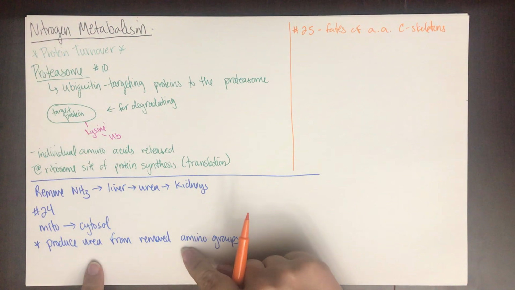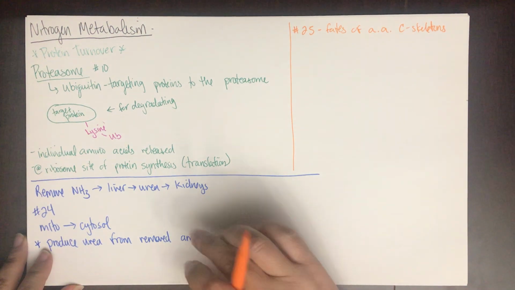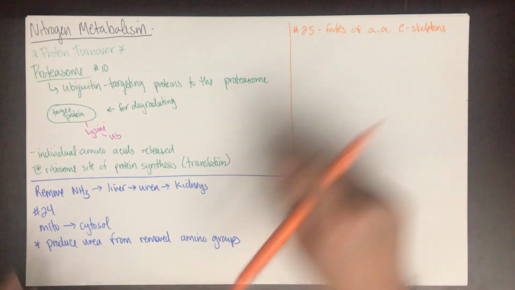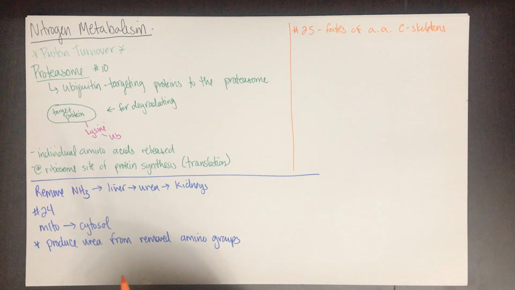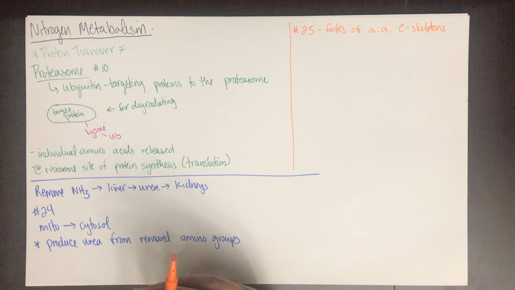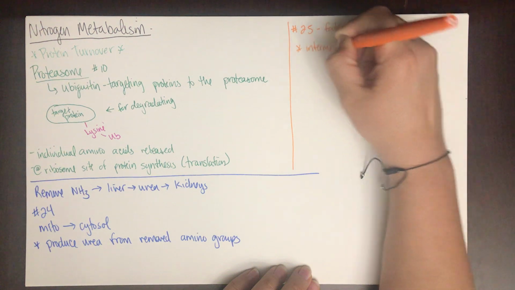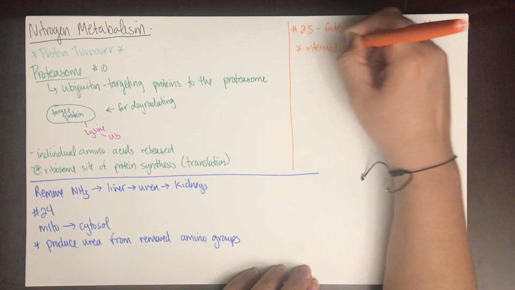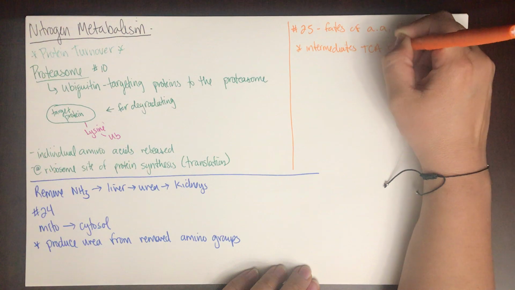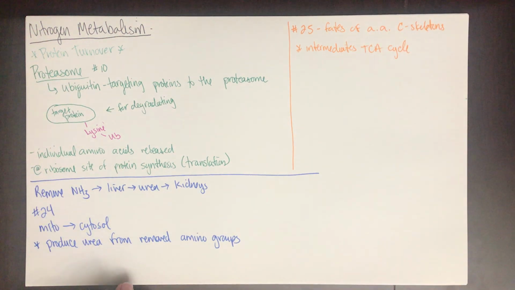So we've removed the amino groups with the urea cycle. We're left with these carbon skeletons. Now these carbon skeletons can be intermediates in the TCA cycle, or they can be fed in at different locations in the TCA cycle.